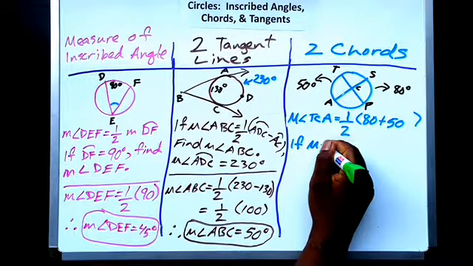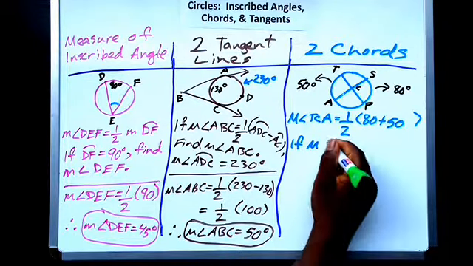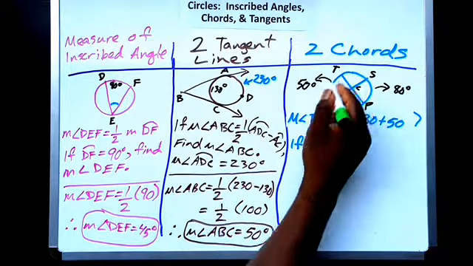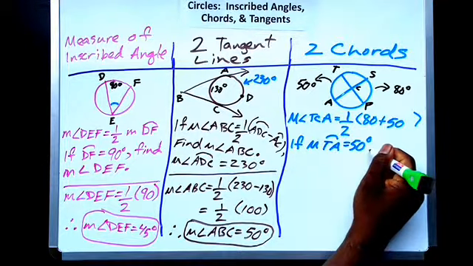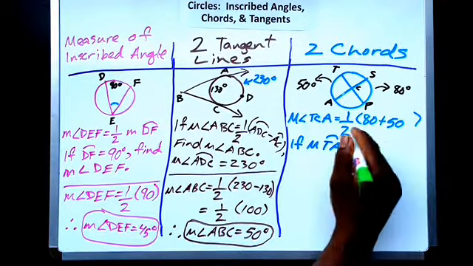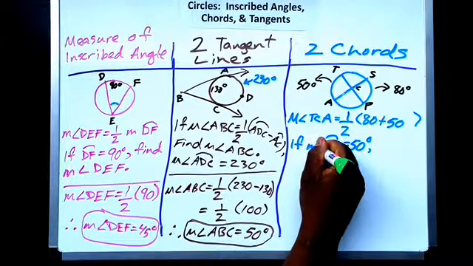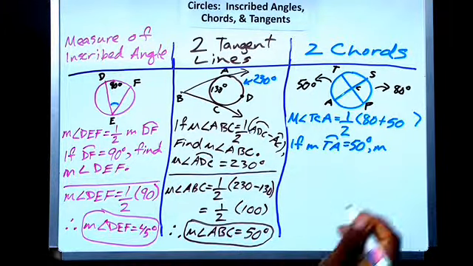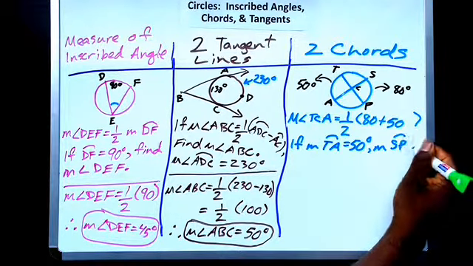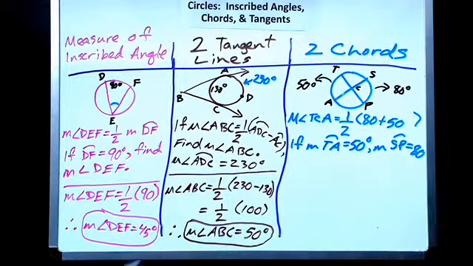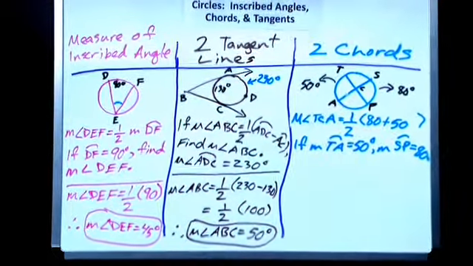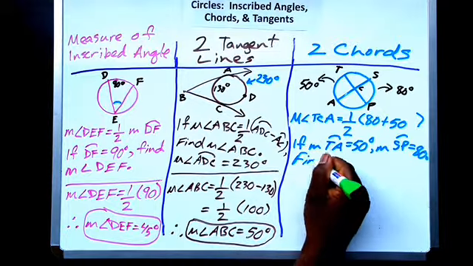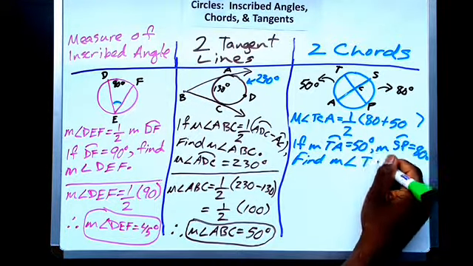If the measure of arc TA equals 50 degrees, and I'm going to make this M look a little different so it doesn't look like a capital, and the measure of arc SP equals 80 degrees. Then find the measure of angle TCA.